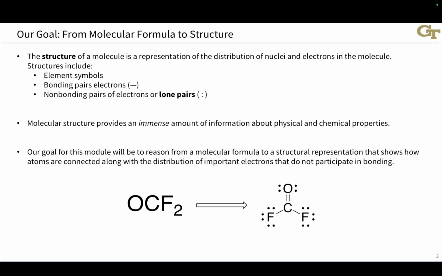Let's start by defining exactly what we mean by a structure. So the structure of a molecule. Well, first of all, let's back up. What is a molecule? A molecule is a collection of atoms that repeats itself within a compound zillions and zillions and zillions of times, and the molecule represents kind of the fundamental unit of identity for the compound.